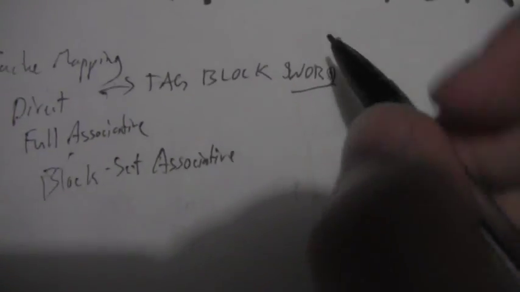Now direct, you have 3 fields: a tag, a block, and a word. The word tells you how many bits are used to represent a word. So let's say you have a 1 MB main memory, which will give you around 8 KB of cache.